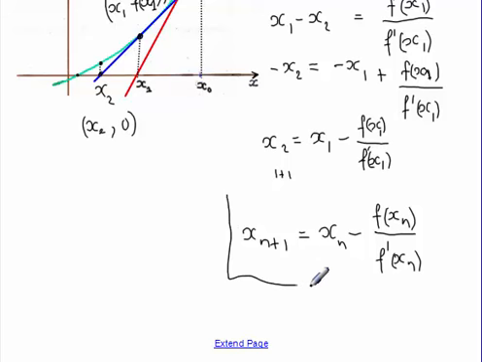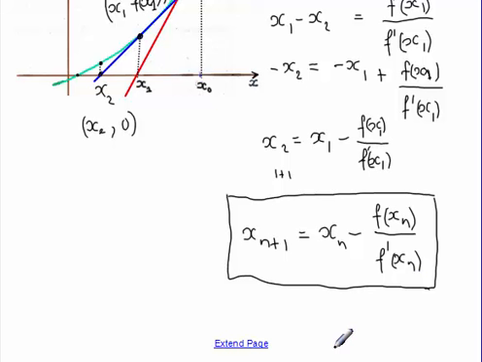And that is what we call the Newton-Raphson formula for getting approximate zeros of functions we don't have a formula for finding their zeros. So that's the result which you want there.